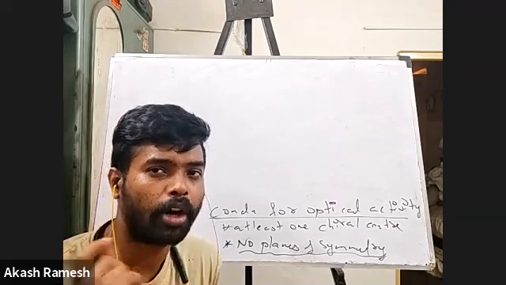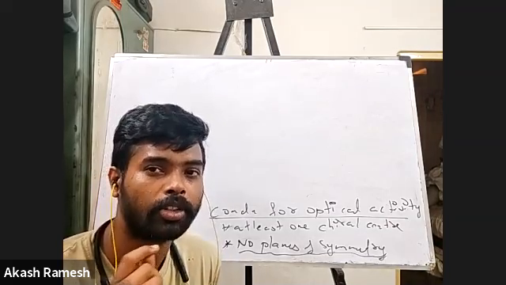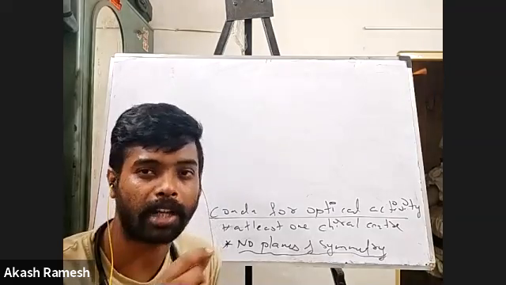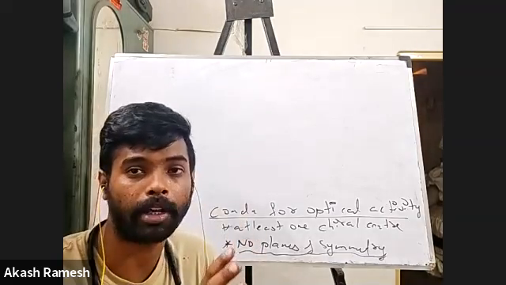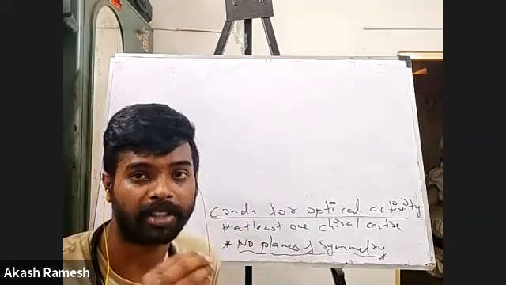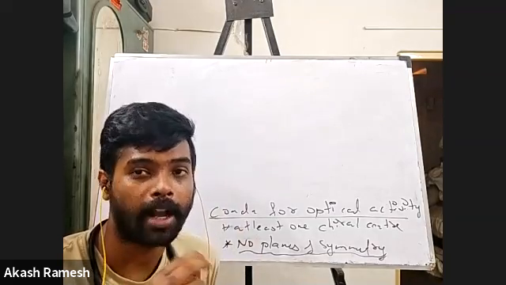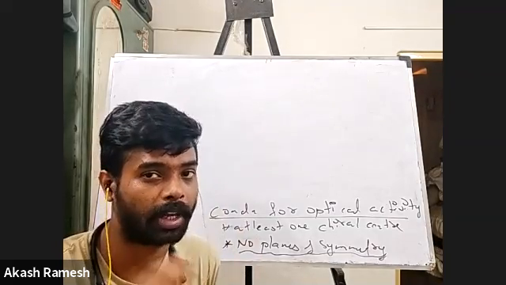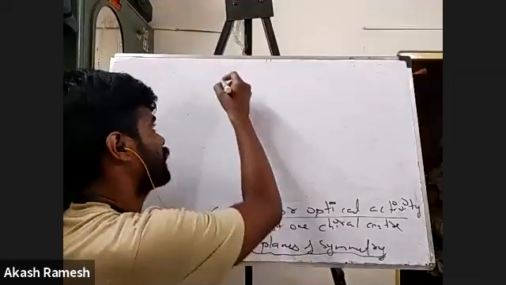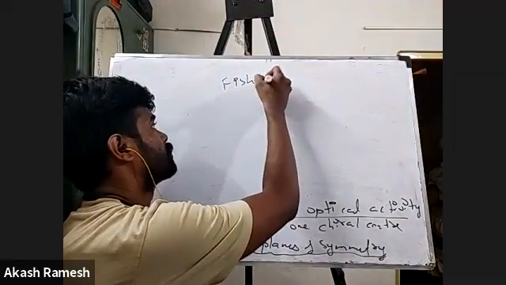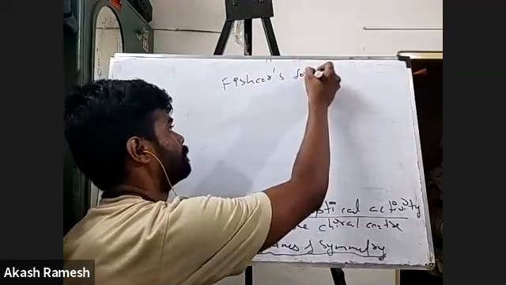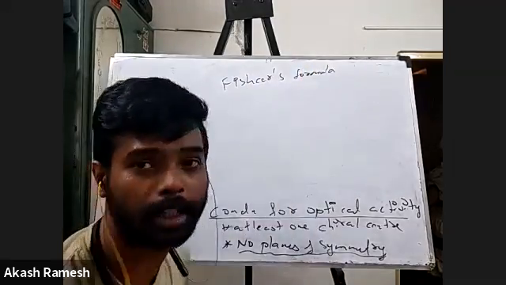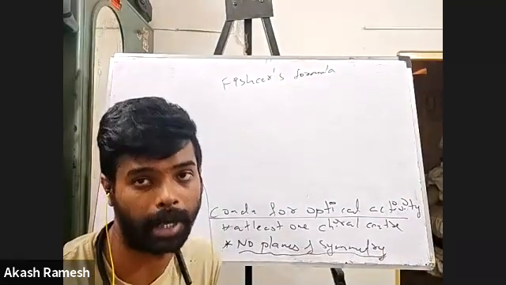So for all those, there is a special way of representing the molecule, and that is actually going to help us a lot. That is what is called Fischer's formula, or Fischer's projection formula.